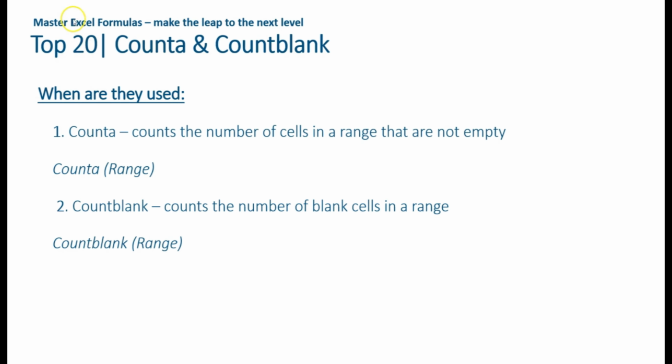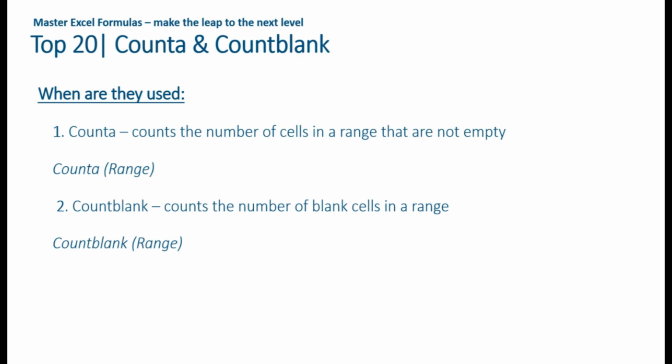The structure of these two formulas is actually the same. All you have to do is enter the range in which you want to count the specific number of cells that have values or that are empty.